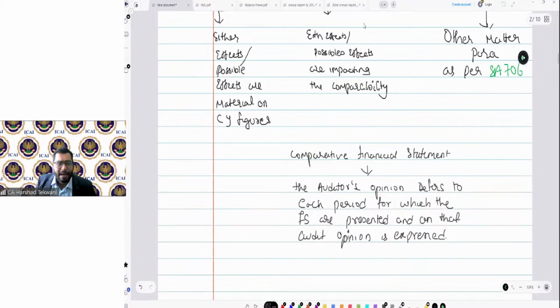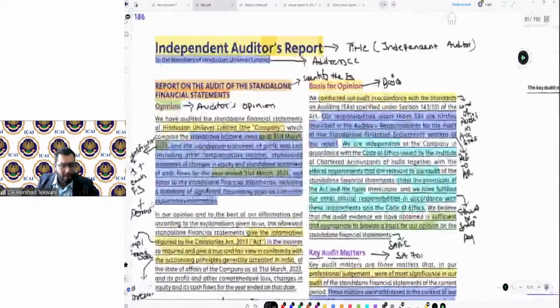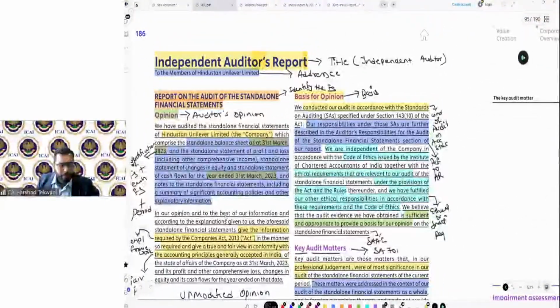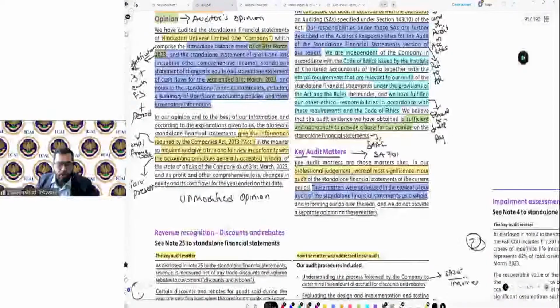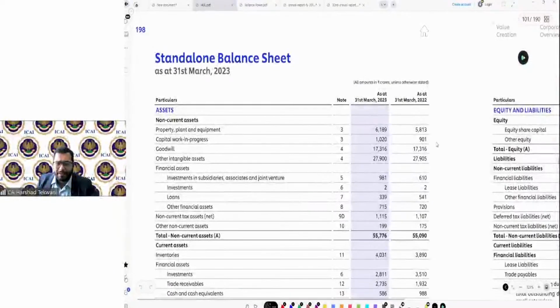Now, with an example, I would like to ask you a question: whether this is a comparative financial statement or corresponding figures. Let us go to the audit report that we saw. In this audit report, wherever the previous year numbers are there, you might be seeing these as at 31st March 2022.